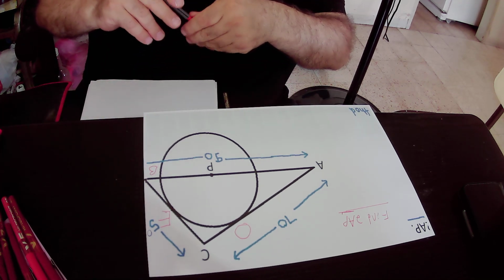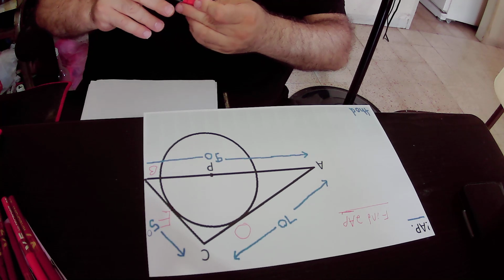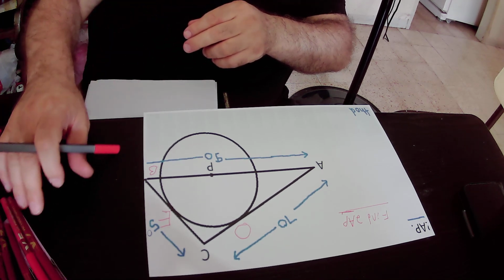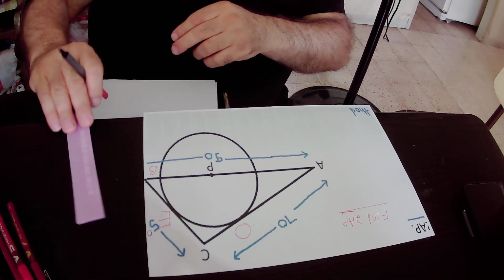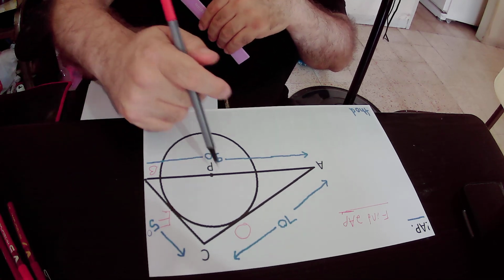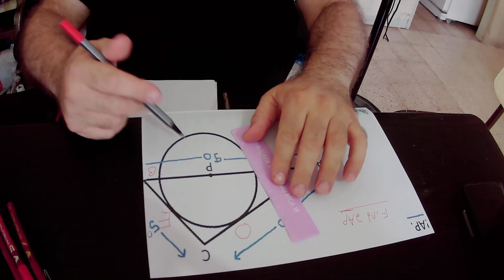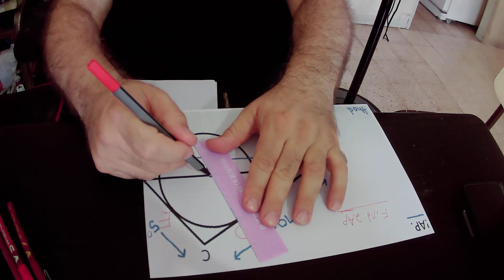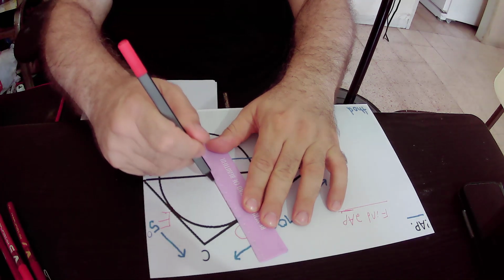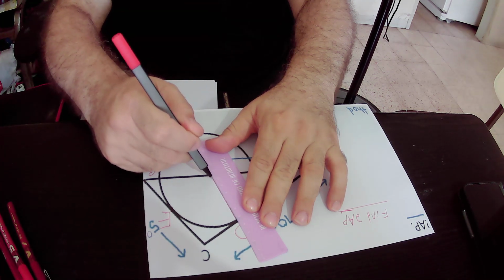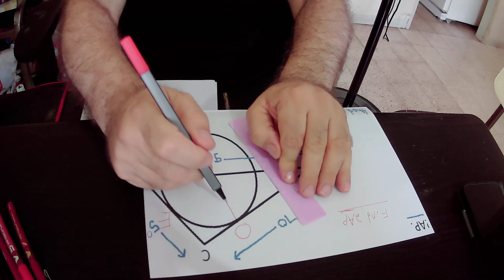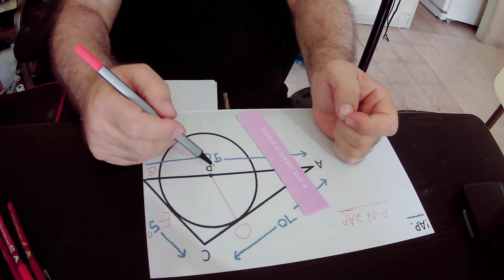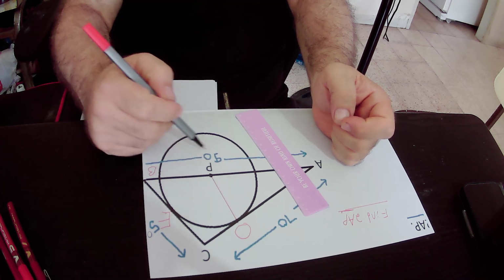Okay, in the next step we will connect points O and P together by a straight line. Actually, OP is the radius of the circle.